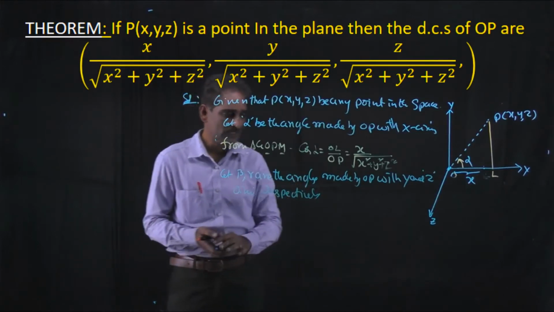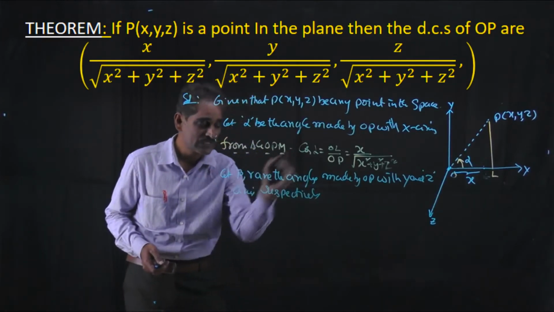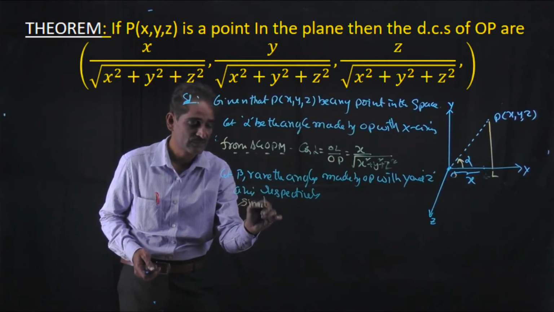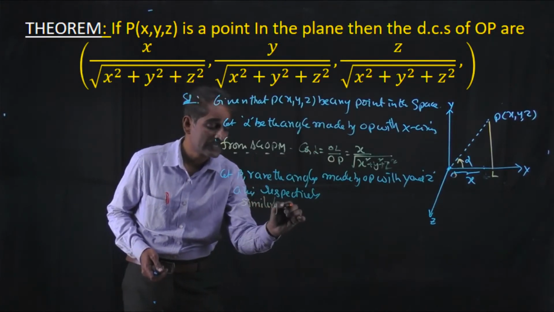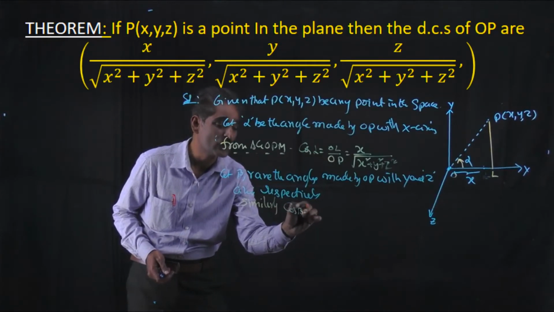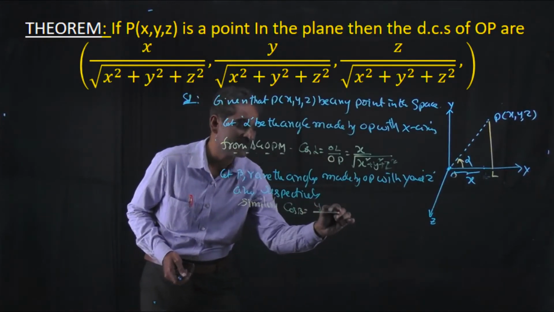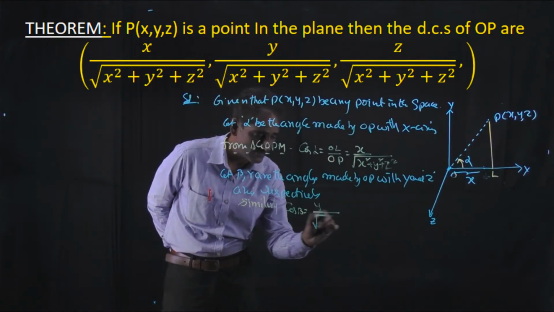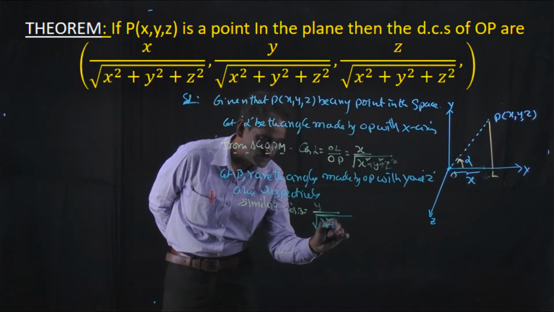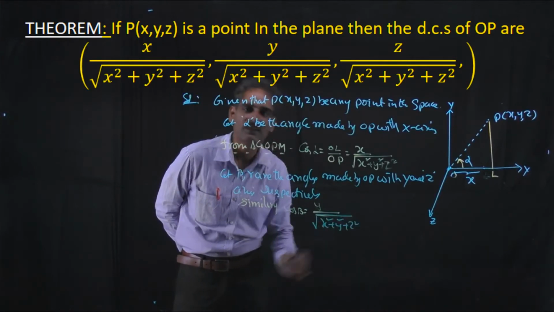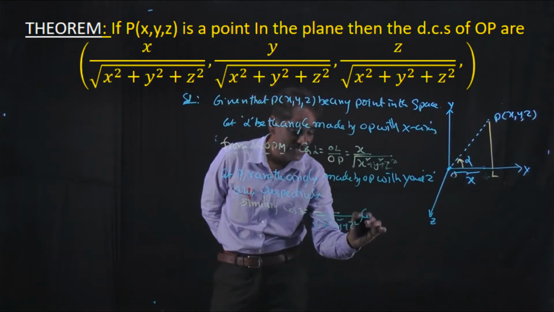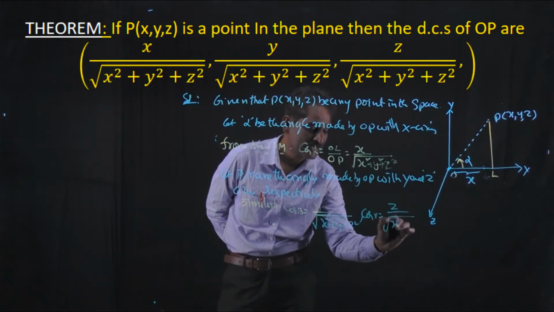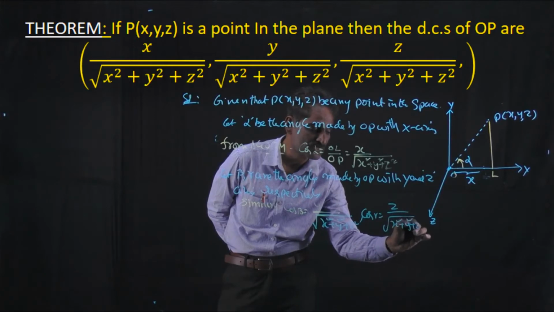Then, similarly, like the above process, cos beta is equal to y by root of x square plus y square plus z square, and cos gamma is equal to z by root of x square plus y square plus z square.